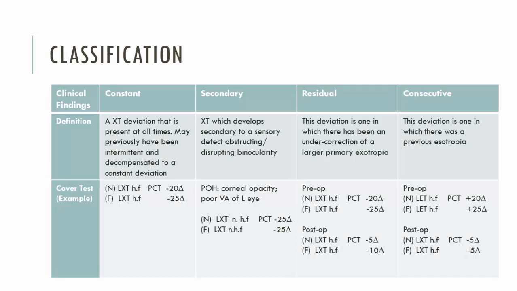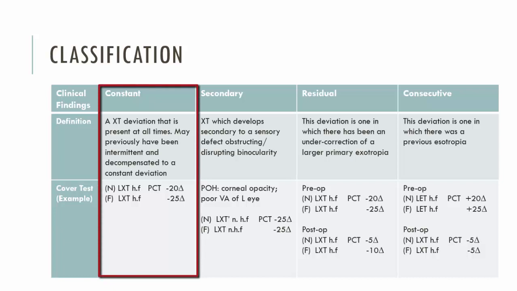Now I just want to take you through the definition of these 4 types of exodeviation, the constant, secondary, residual and consecutive deviations, and talk about what we expect on a cover test result for each of these. So let's start off with constant. Clearly what we expect here is to see an exodeviation that's there all of the time. Here we have a cover test result where we've got a left exotropia at near and a left exotropia at far, and we have a measurement of the deviation.